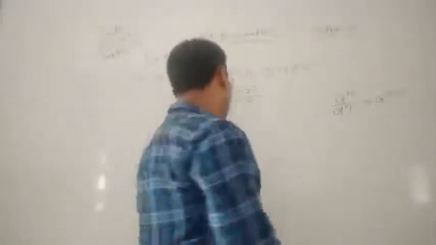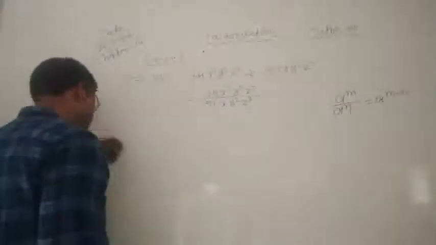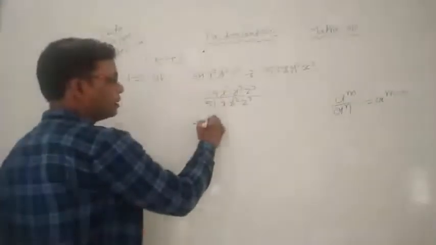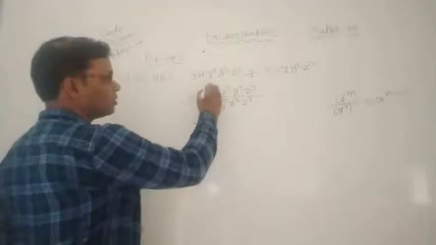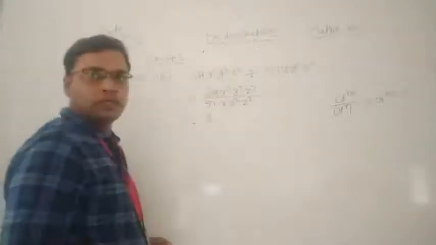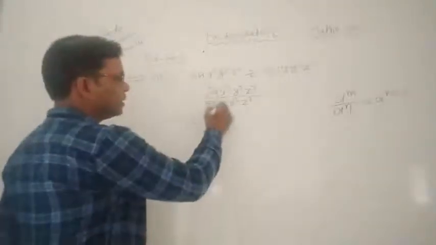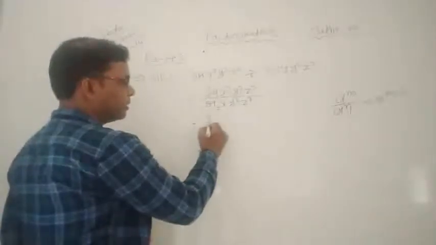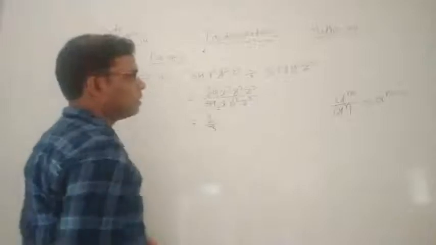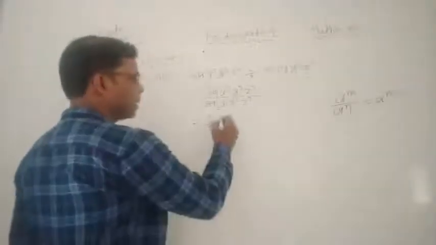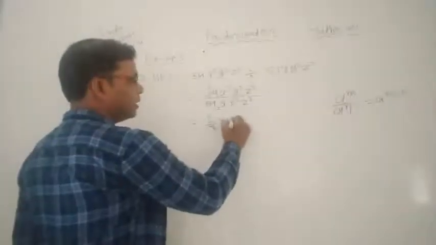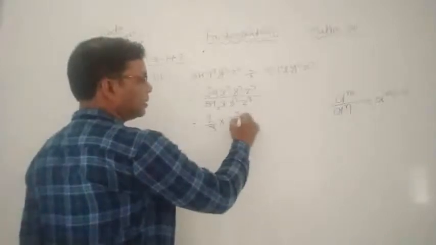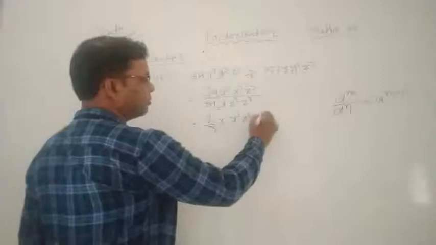Okay, now in this case, first we cancel this: 17 times 2 is 34 and 17 times 3 is 51. So you can write this as 2 by 3. Clear? Now here we have only x power 3 into y power 3 into z power 3.